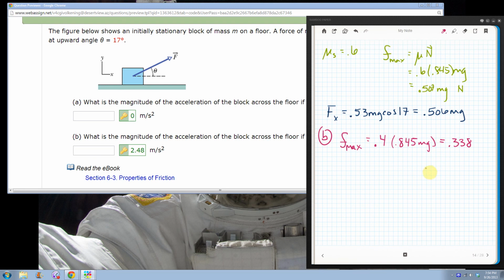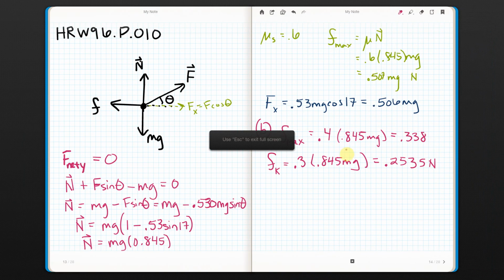So we're going to break that, and we're going to move into kinetic friction. So the kinetic friction is going to be 0.3 times the normal force, which is 0.2535 mg.